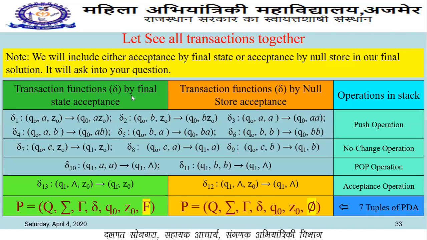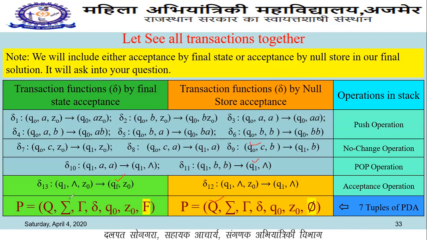In case of final state acceptance, Q is the set of states where three states are in use: q0, q1 and qf. But in case of null store acceptance, only two states are in use: q0 and q1.